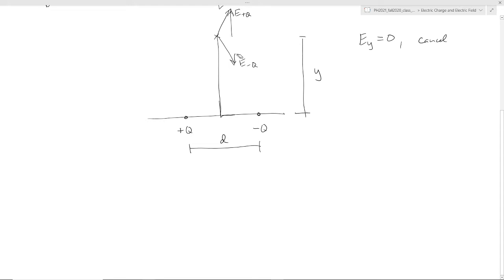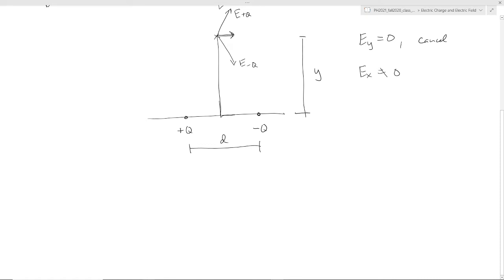And so really what we're going to be interested in is the x contribution. So notice for that, both of them are pointing in the same direction. So the x pieces do not cancel.